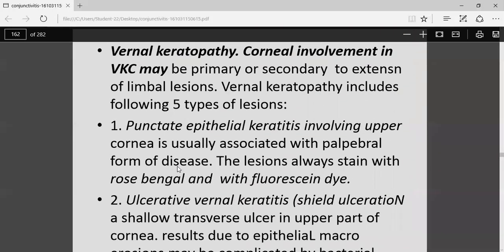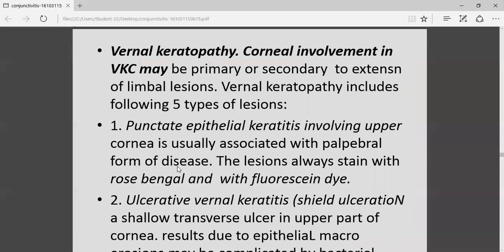Now, in case of vernal keratoconjunctivitis, there are complications. It can spread onto the cornea also, and it can cause punctate epithelial keratitis. Sometimes it also causes ulceration over the cornea, which is called shield ulcer. In punctate epithelial keratitis, you will see small punctate dots on the cornea because of the rubbing of the palpebral giant papillae with the cornea.